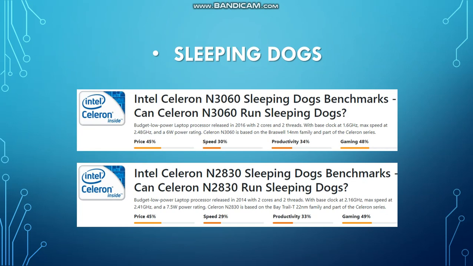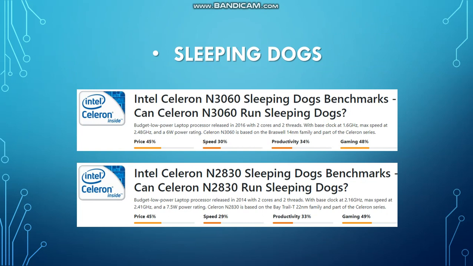Sleeping Dogs is an open-world martial arts action-adventure video game developed by United Front Games and published by Square Enix, released in 2012. For the Intel Celeron N3060 Sleeping Dogs benchmark, it is a budget low-power laptop processor released in 2016 with 2 cores and 2 threads, a base clock of 1.6 GHz, max speed of 2.48 GHz, and a 6 watts power rating.